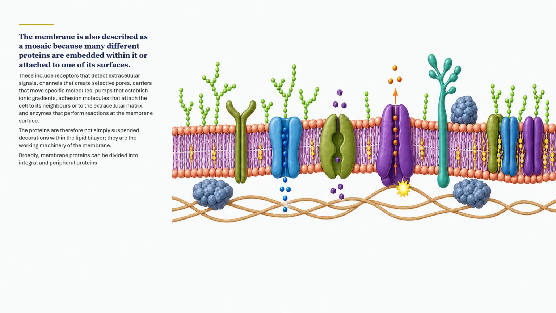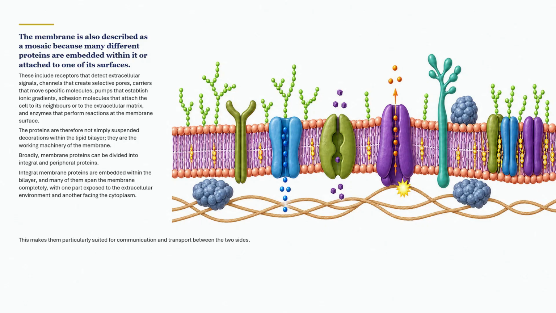Broadly, membrane proteins can be divided into integral and peripheral proteins. Integral membrane proteins are embedded within the bilayer, and many of them span the membrane completely, with one part exposed to the extracellular environment and another facing the cytoplasm. This makes them particularly suited for communication and transport between the two sides.